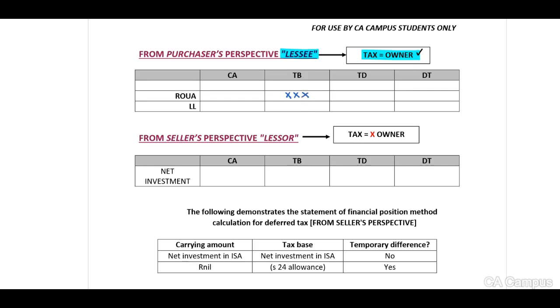You have already included your carrying amount of your right of use of your asset, but now we are able to calculate our tax base. When you look at this from the perspective of our lessor, not the owner, we only include our net investment. Okay, I've included a summary below.